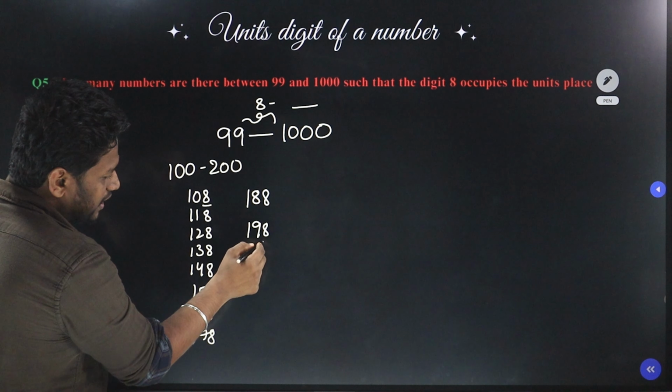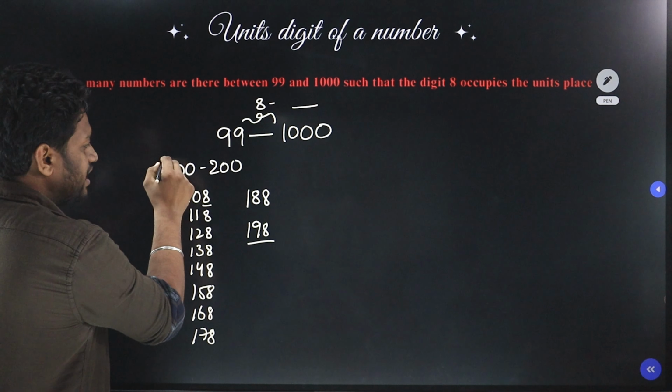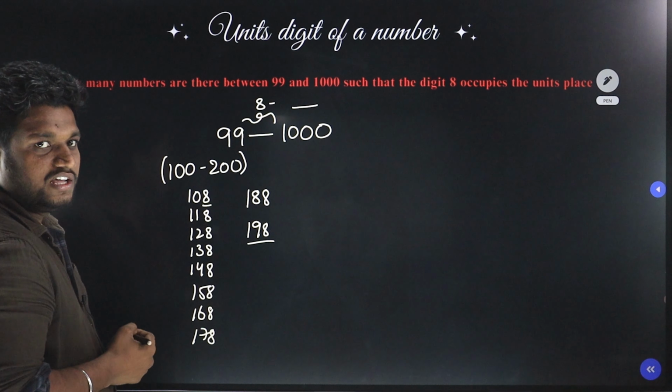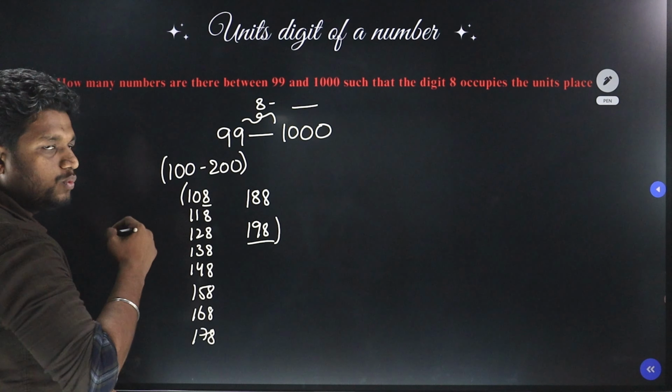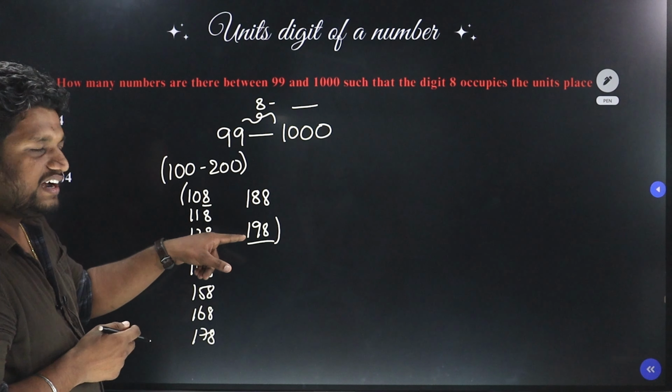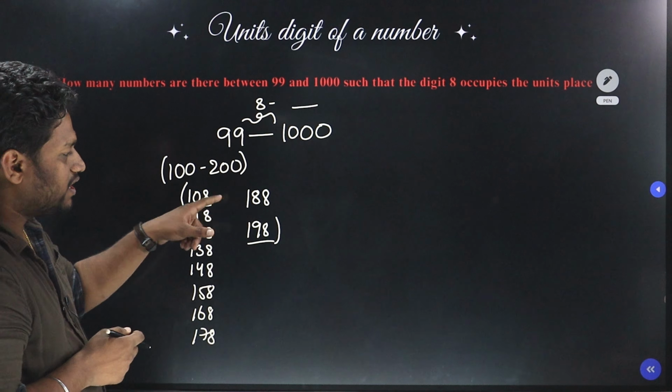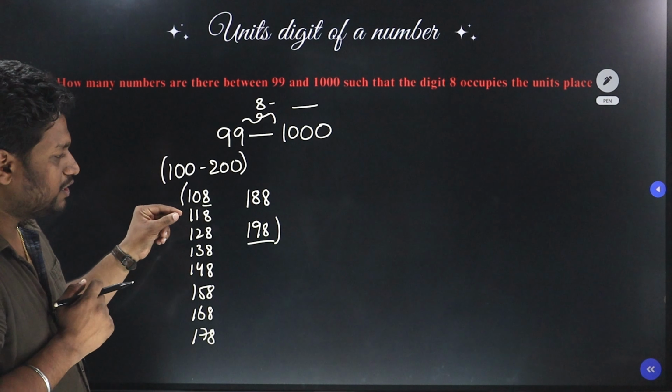So up to 198 only I am considering, because I am taking from 100 to 200. I'll be calculating from 108 to 198.